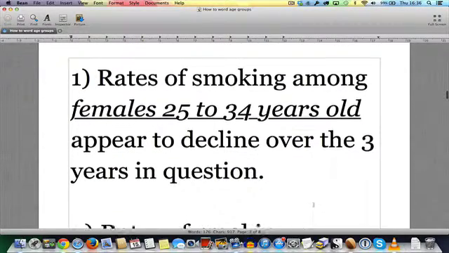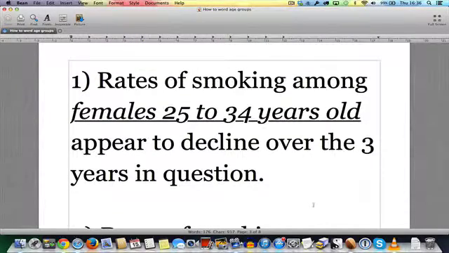So the first way that we could refer to this group is shown in this underlined phrase. Rates of smoking among females 25 to 34 years old appear to decline over the 3 years in question. So if we look at the way it's worded here, we start with a noun, and I could replace this noun with something else.